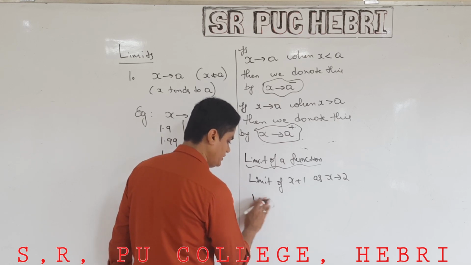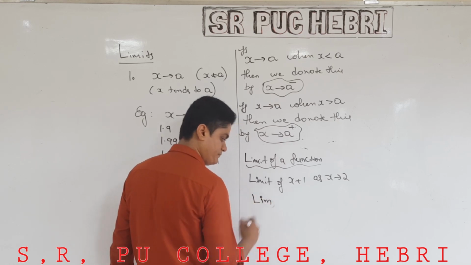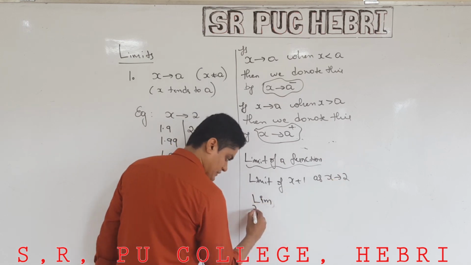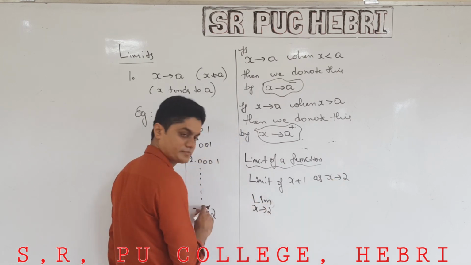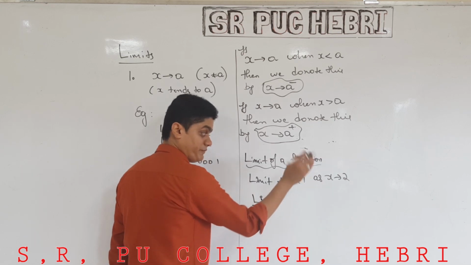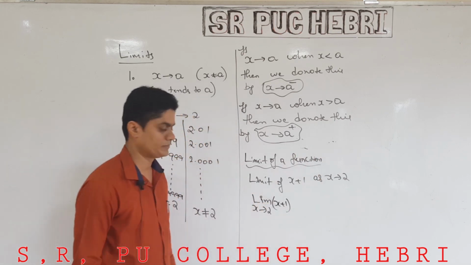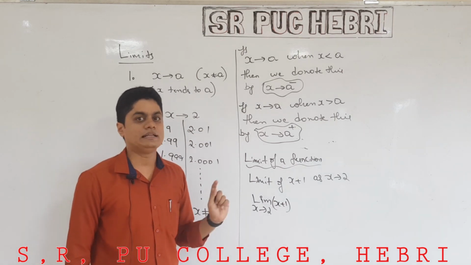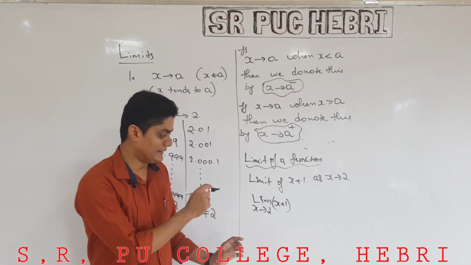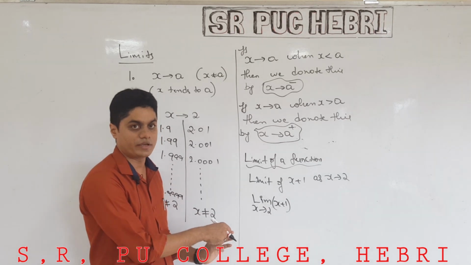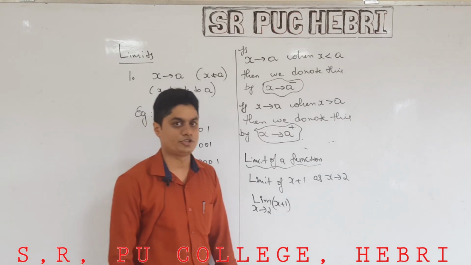You are not writing the full word, just L-I-M. X tends to 2 you write below, and the function whose limit you are finding, you write here. Now I will show you how to get the limit of this as x tends to 2.